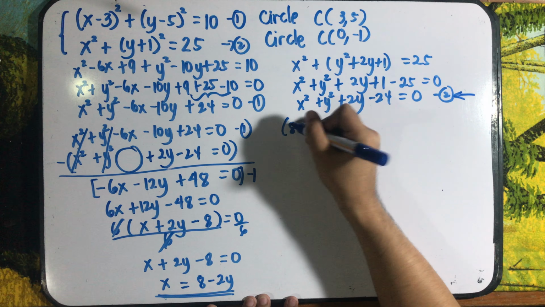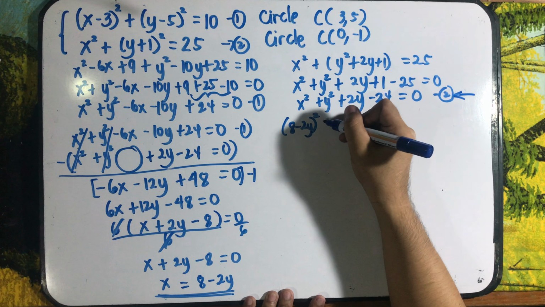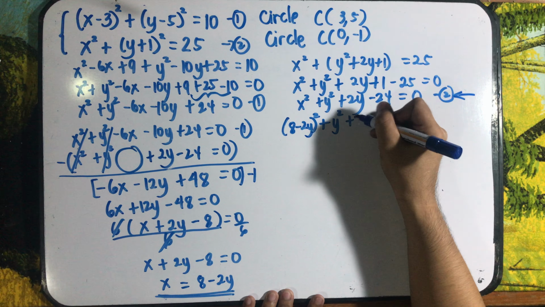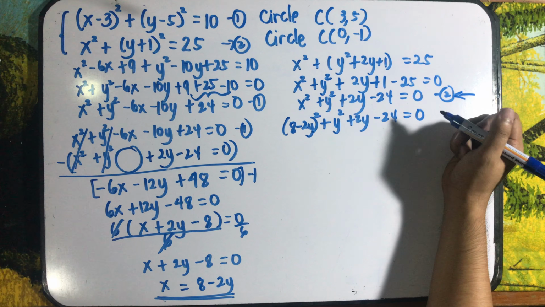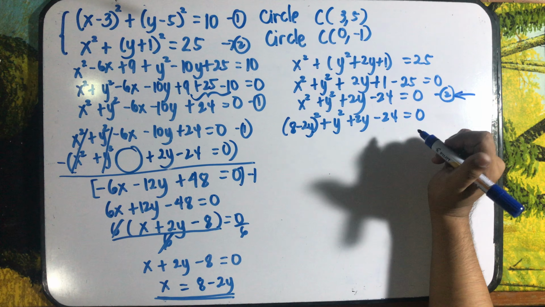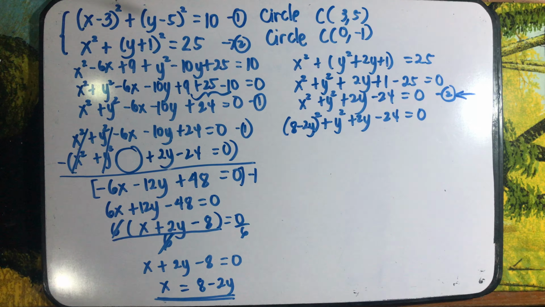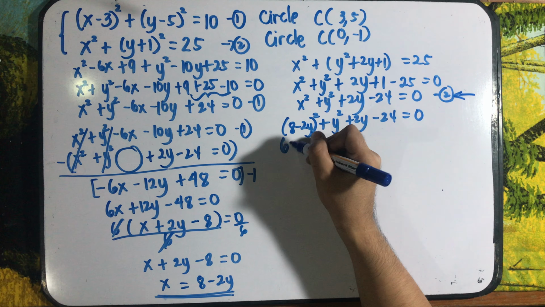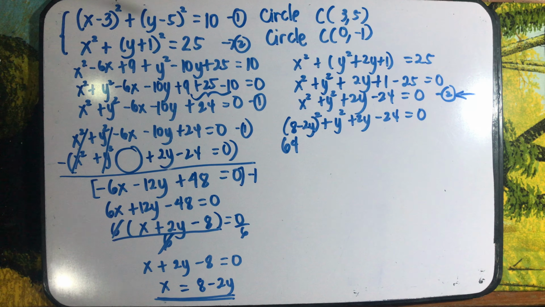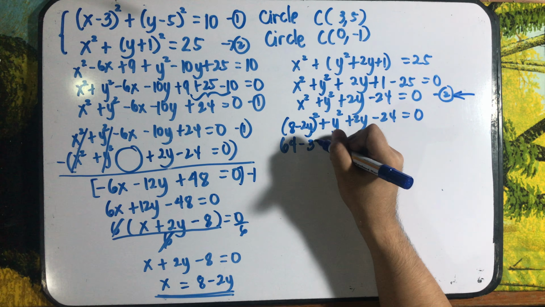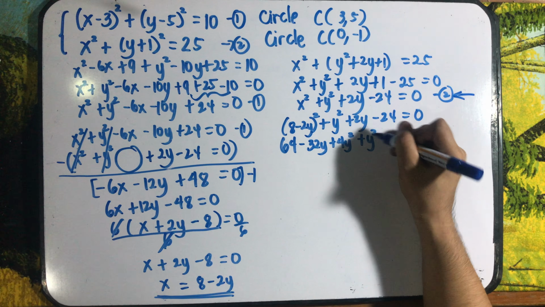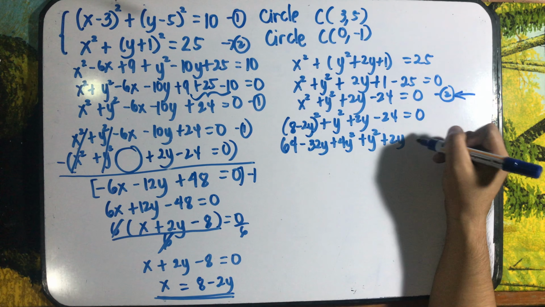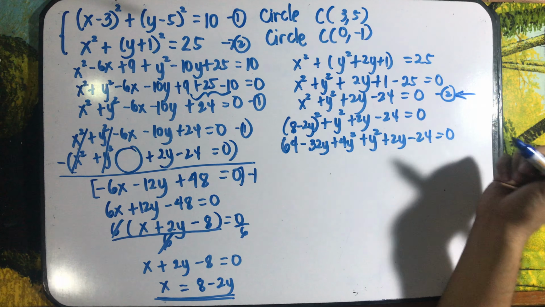And this becomes 8 minus 2y quantity squared plus y squared plus 2y minus 24 is equal to 0. If that is the case, this becomes now 64, and then we have negative 32y plus 4y squared plus y squared plus 2y minus 24 is equal to 0.